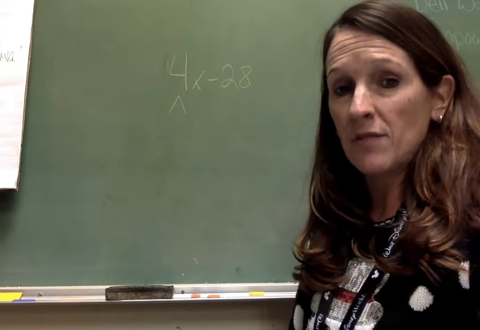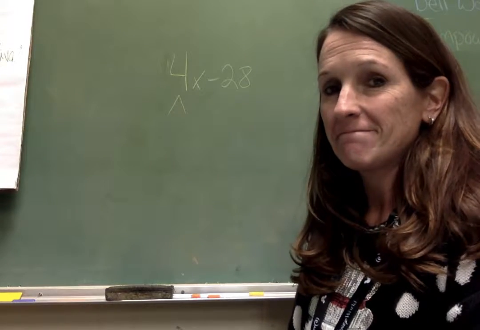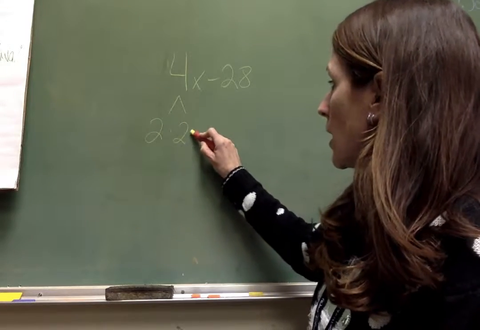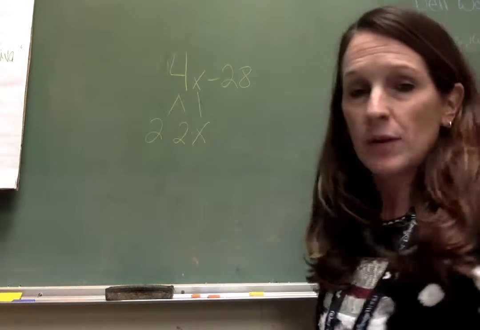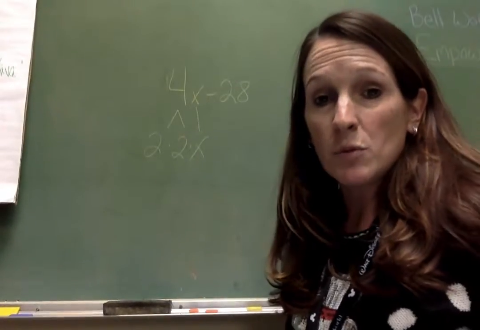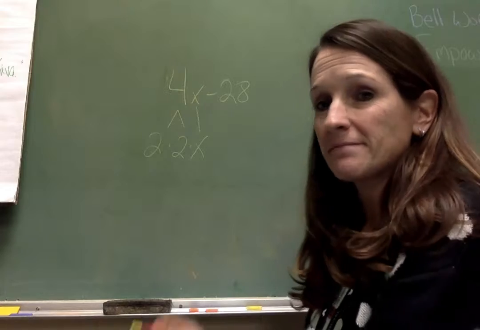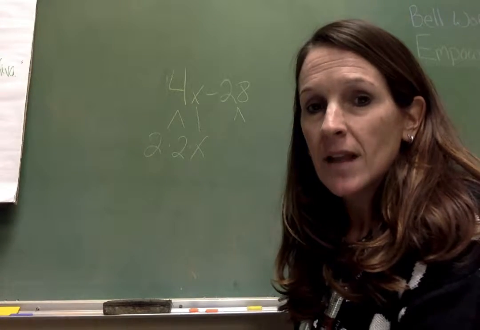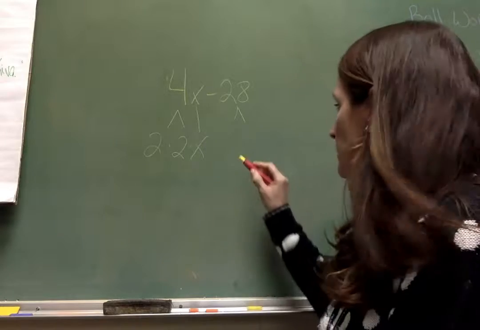What times what gives me 4? 2 times 2. I'm going to bring my x down so I have it on the same level. All right, so let's do the same thing to 28. What times what gives me 28? Let's do 2 times 14.